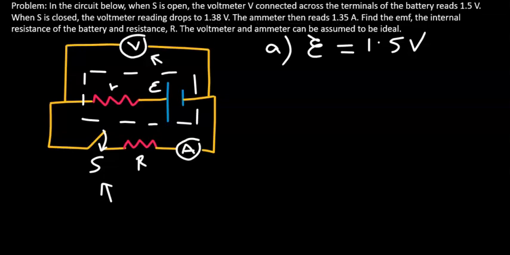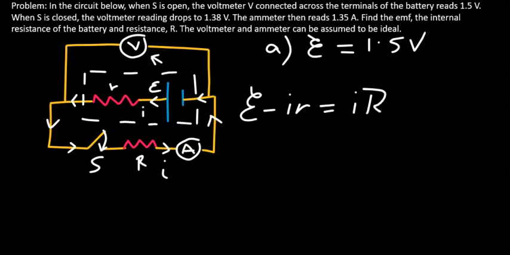What that means is the current goes out of the positive terminal of the battery through the internal resistor, comes out and goes through the main resistor, capital R, and again back to the negative terminal of the battery. So we can write E minus Ir is IR, or E is I times (r plus R).